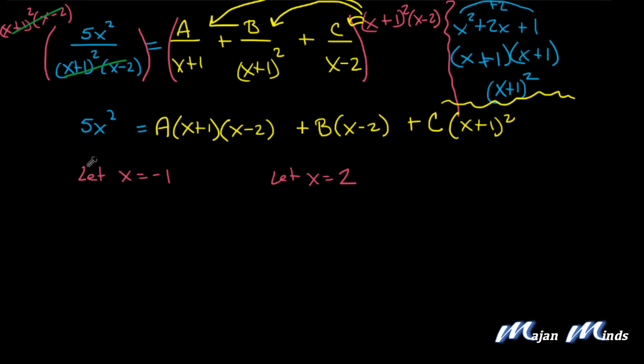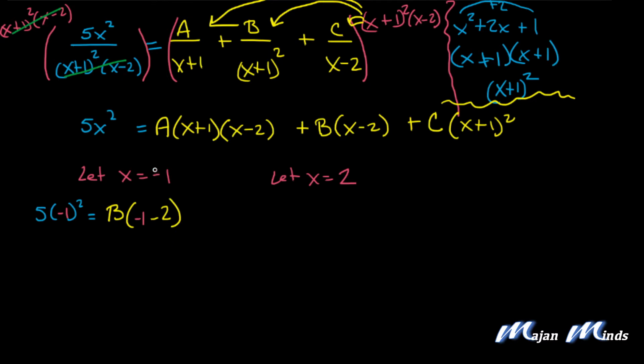Letting x equal minus 1, that's 5 times minus 1 squared, and that equals, with some mental work here: minus 1 plus 1 is 0, and that wipes out this whole term. Minus 1 going in there makes this whole term 0 too. So all that's left is the B portion with minus 1 plugged in and then minus 2.